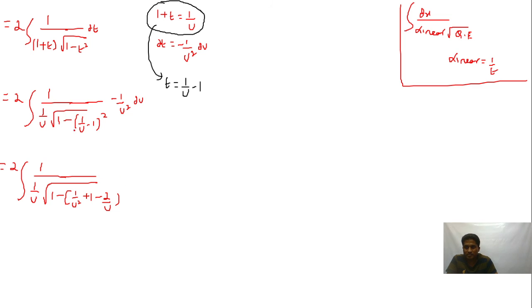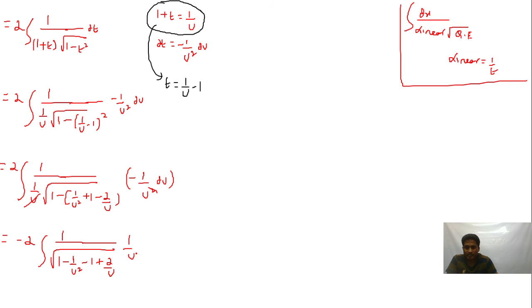So this u will cancel, this is minus 1 by u square into du. So this u will cancel with the square. Minus 2 I'll take outside. 1 divided by root of 1 minus, open the bracket, you get 1 by u square minus 1, minus and minus is 2 by u, and then you get this 1 by u into du.